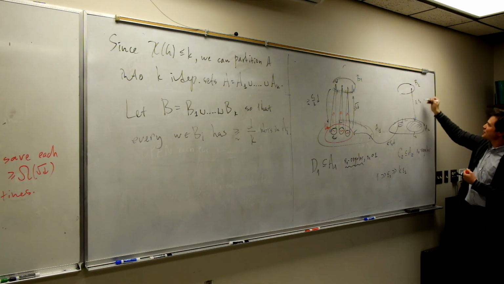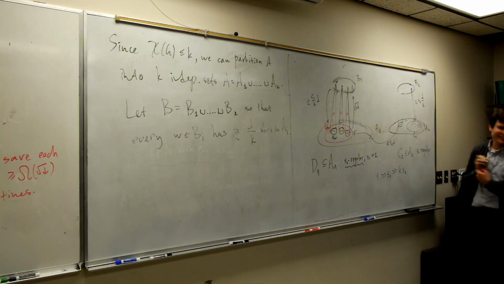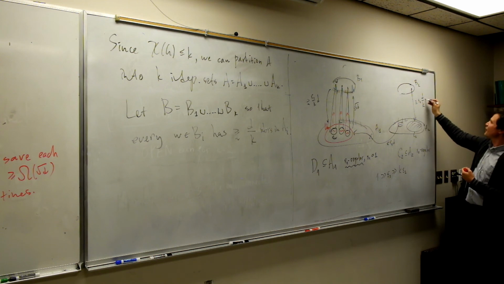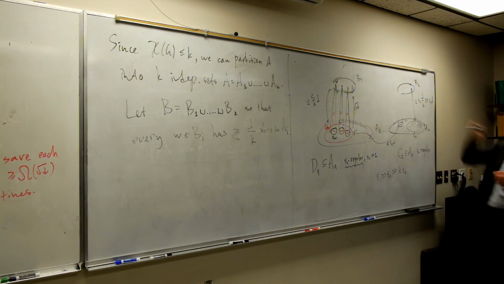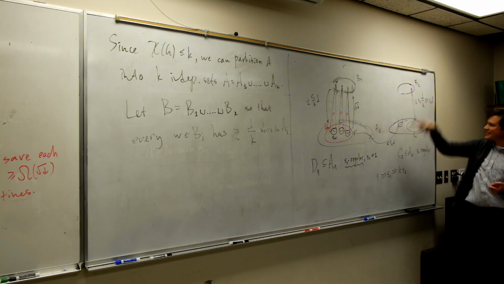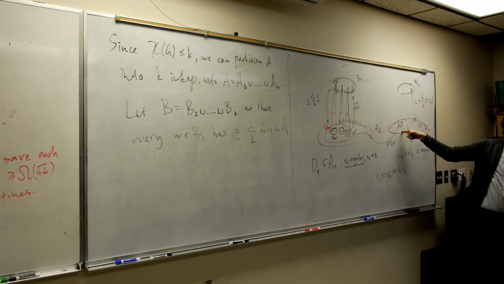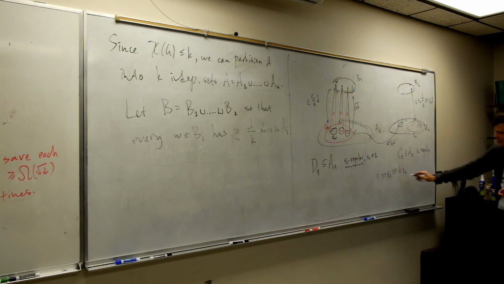At least epsilon 2 times d over k, which happens to be much, much greater than epsilon 1 d because of the choice of epsilon 2. So by doing this, we ensure that these people lose much more and still can be saved by the vertices here. And now this process can be iterated, but as you can see, we're picking up a factor of k each time. So we have to start with the first epsilon 1 being something like 1 over k to the k for this to work.